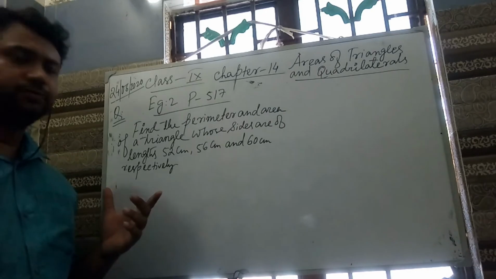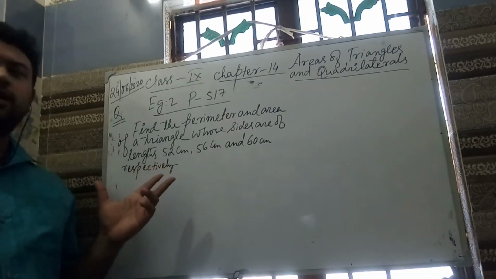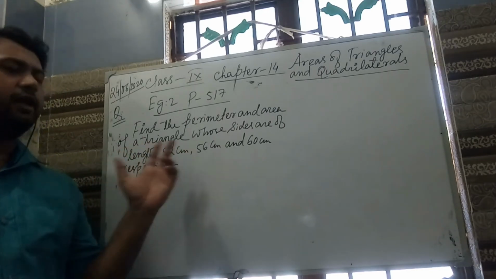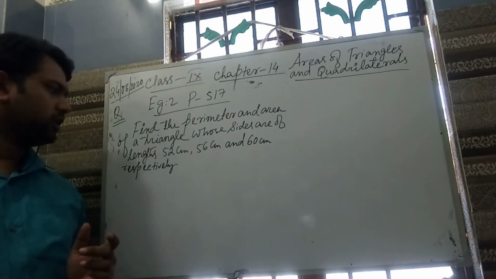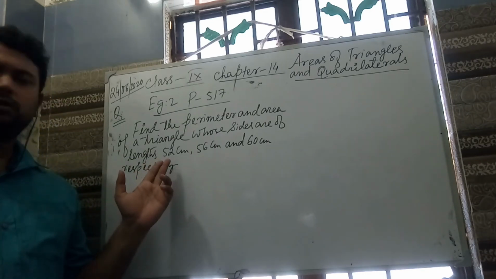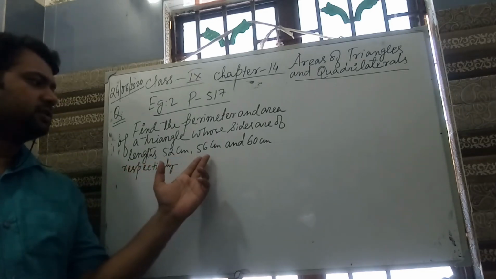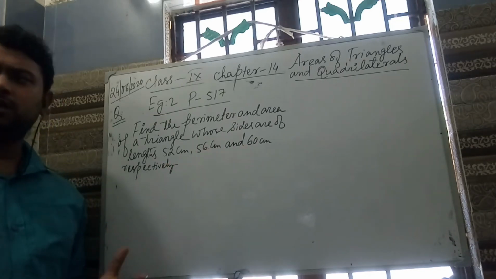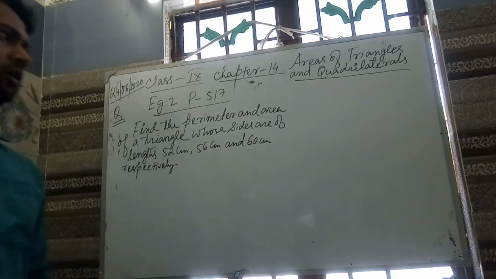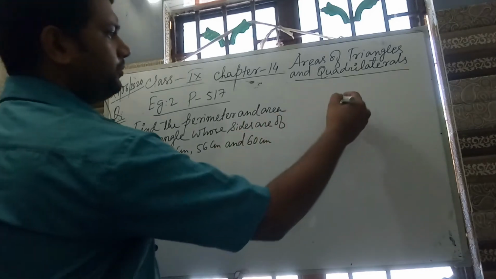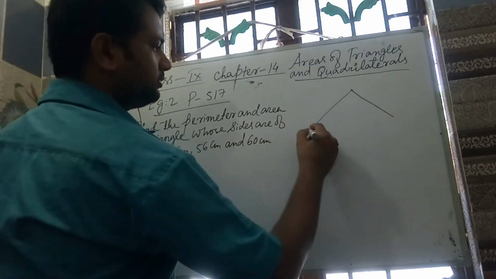So what is given? The perimeter and area of a triangle we have to find out, whose sides are given 52 centimeter, 56 centimeter and 60 centimeter respectively. So let us construct a triangle, a rough sketch.